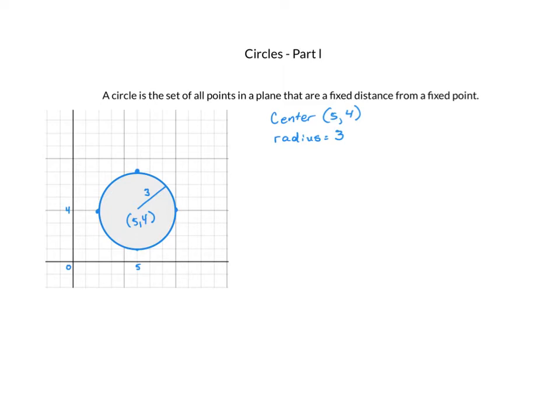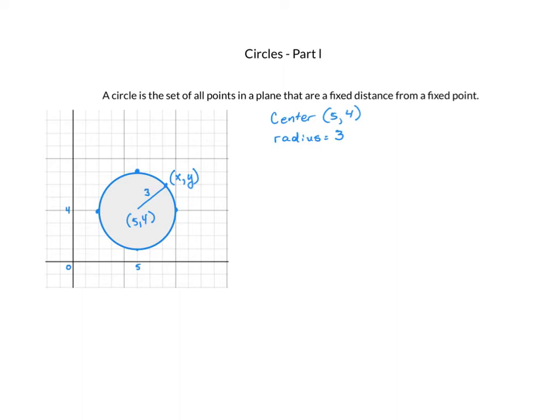What would the equation of this circle be? Well, any point on the circle could be considered to be the point x, y. And we want the equation that says that we want all the points x, y that are a distance 3 units from 5, 4. So let's use our distance formula.